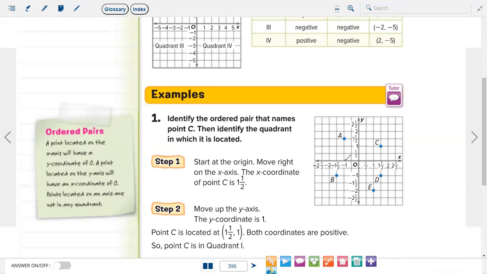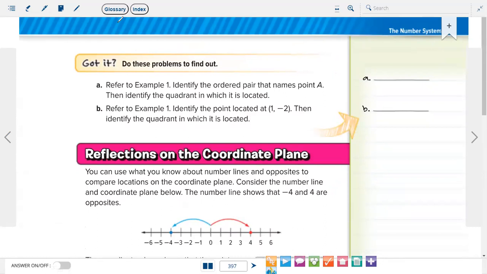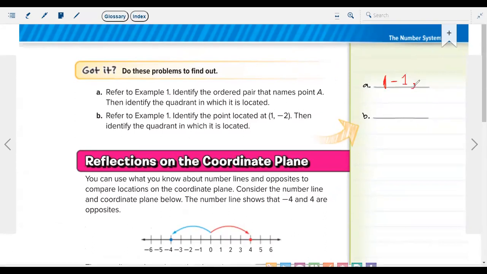So negative 1 on the x-axis and 1.5 on the y-axis. Again, to the left till we reach negative 1, up till we reach 1.5. So it's called negative 1 and 1.5. So we will write here negative 1 and 1.5.